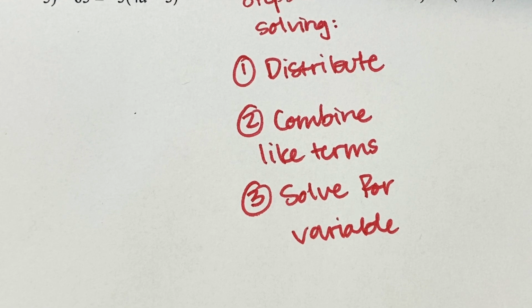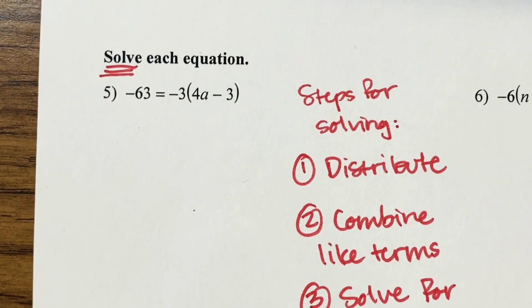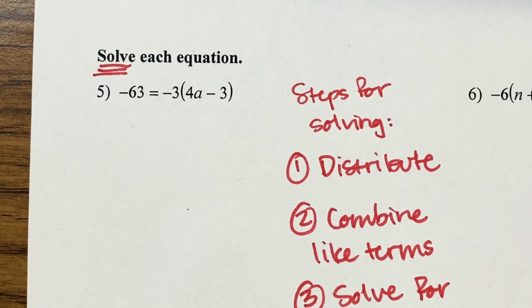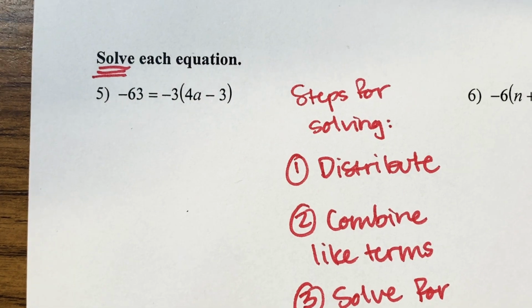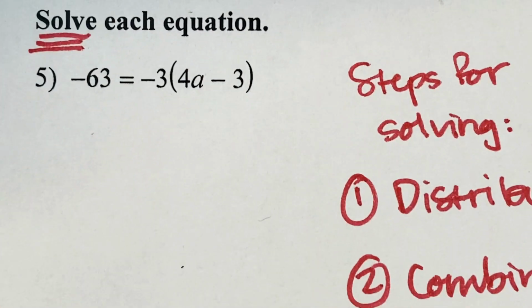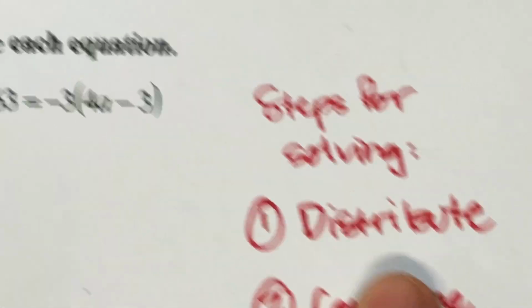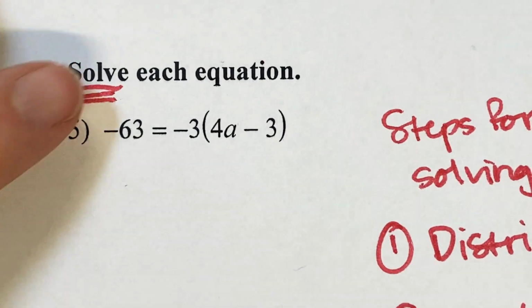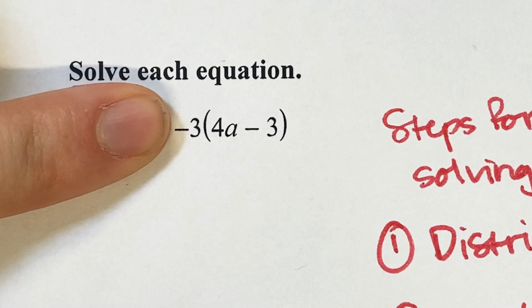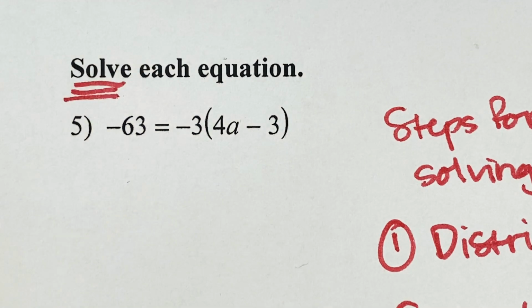So let's go ahead and practice it. All right? So for number 5, our first step on our steps is to distribute. So we need to distribute, only looking at our side with the variable. So this side right here, what is the number that needs to distribute?